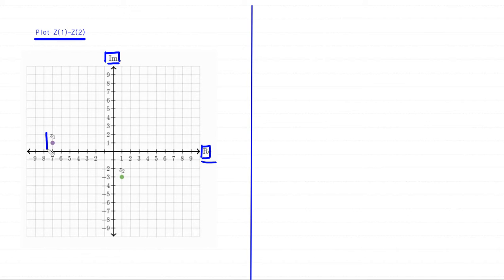So z1, if you look at this coordinate, z1 is equal to, the horizontal line is the real part, so the real part is equal to -7, comma, the imaginary part, which is the vertical line, is equal to 1.